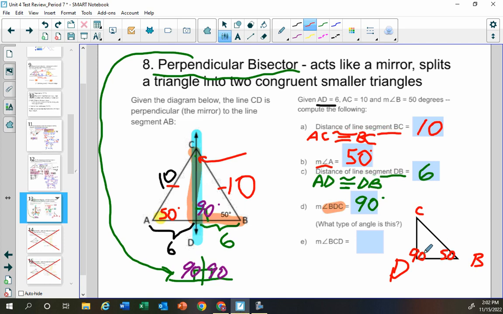What do we know the sum of your three angles must add up to be? 180. So what could we do to get this last little bit? Subtract 90 and 50 from 180. So it's 180 minus 90 minus 50. That's 40. This angle's going to be 40 up here.